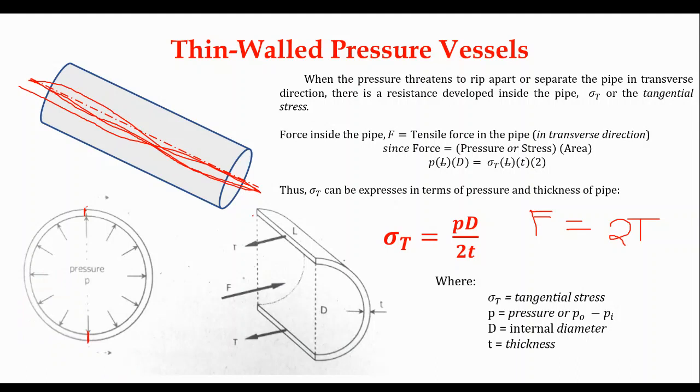Ito na rectangle. Kana na rectangle ang i-consider. So, ang dimension ana, length, kita ninyo, length times diameter. Diameter man sa pipe. Okay.